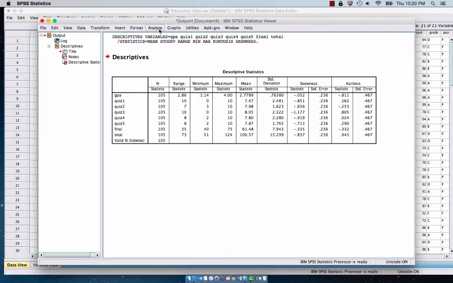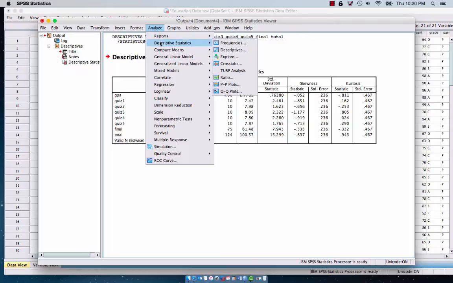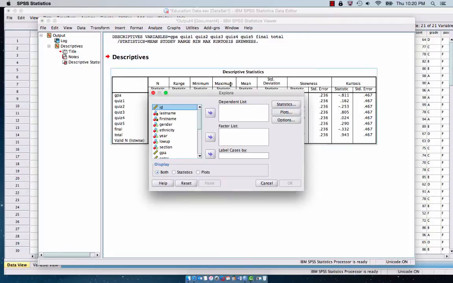Now, if you want to look at the descriptive statistics by group data, then we can go to Analyze, Descriptives, and Explore.